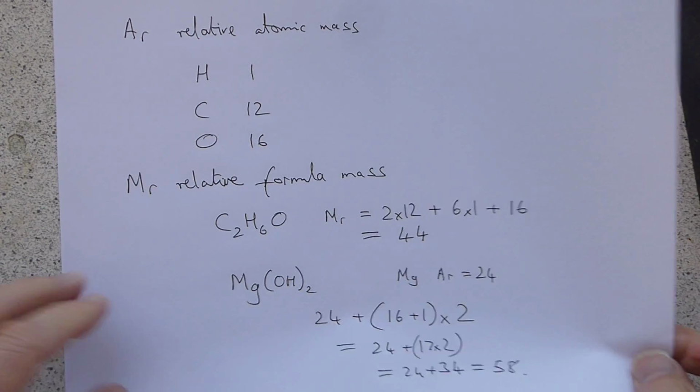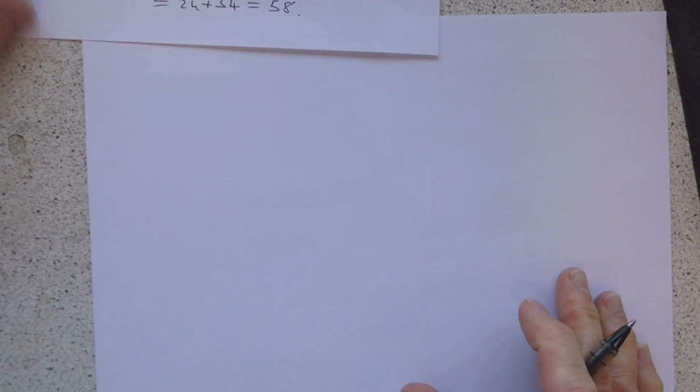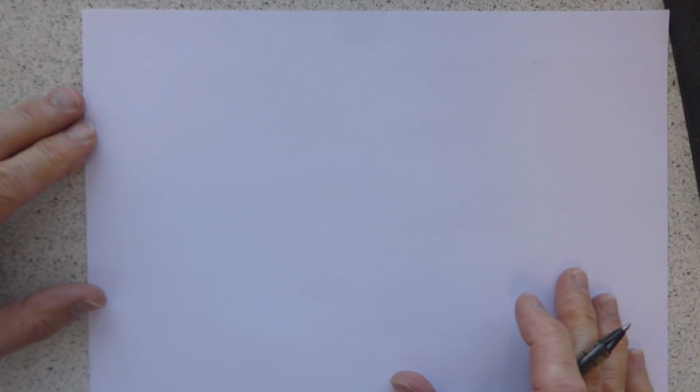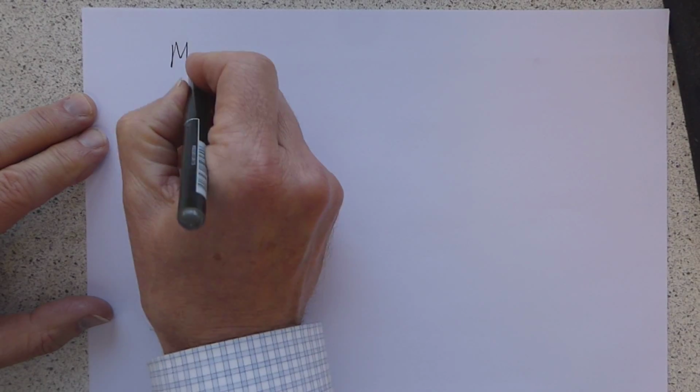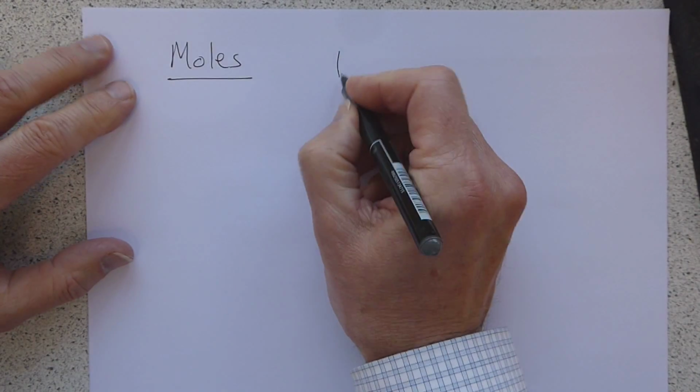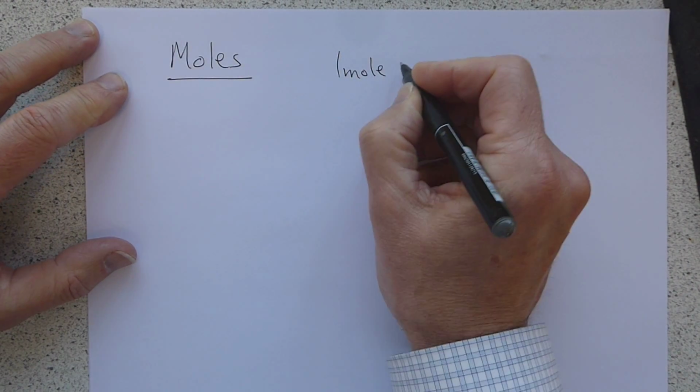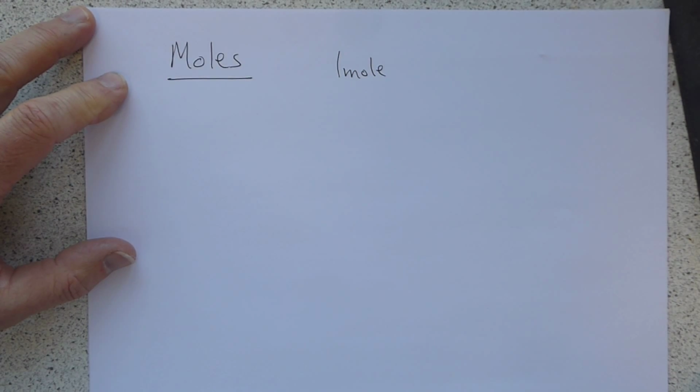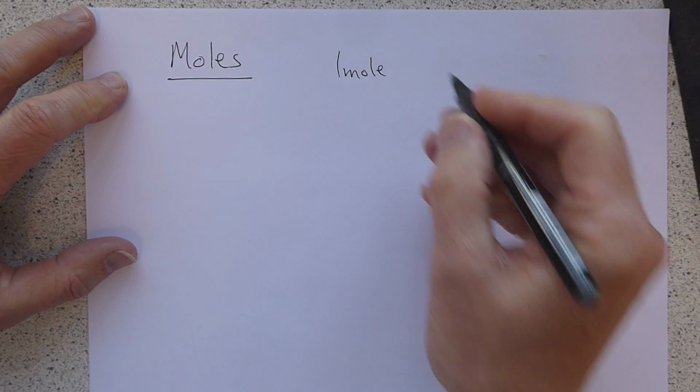More importantly than that is the concept of the mole. And it's no good knowing the mass of something if we don't understand what moles are. Now, 1 mole happens to have the same number of particles as there are in 12 grams of carbon-12. Why is that number important?